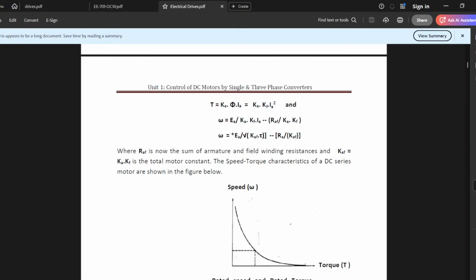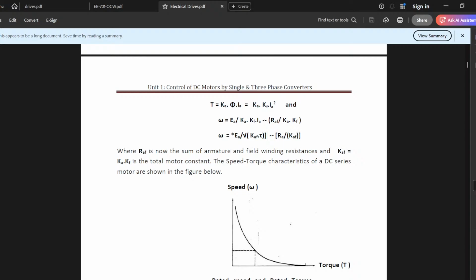Got it, guys, got it. So what we have to do is we don't want IA in this equation, so we have to replace IA. Replacing IA, it will become torque upon KA KF under root the whole thing. So under root T upon under root KAF, it will cancel out, under root KF upon KAF.